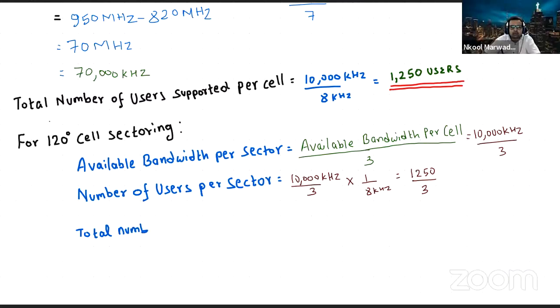Total number of users supported per cell is 1250 by 3 into 3, which is 1250 users.